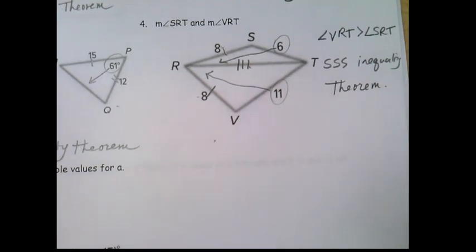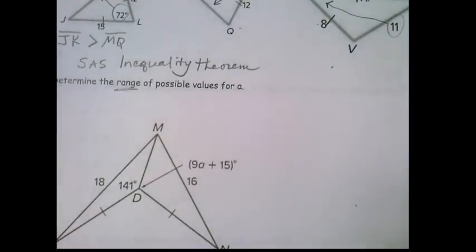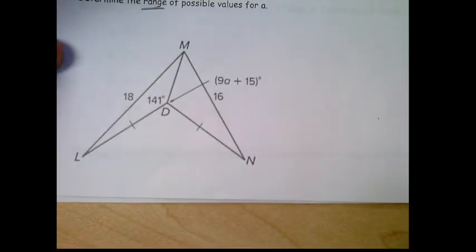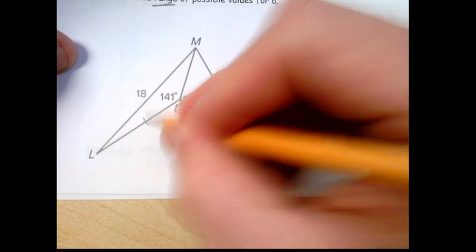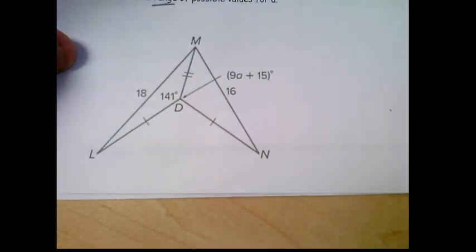All right, now there is another type of problem that we should look at, and that's this one down here. Determine the range. Range meaning that we're not looking for an exact answer, but there's a range of possible answers that we could have for A. Now, here's what I'm thinking. I know that these two sides are congruent to each other, and I also know that this side here is congruent to itself.